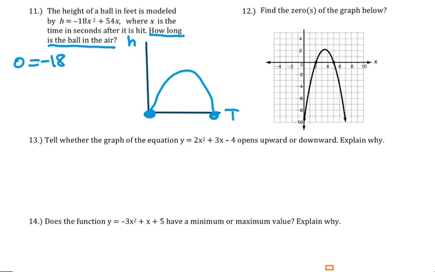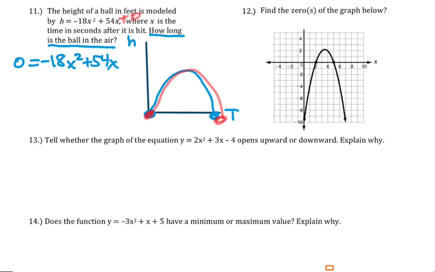Because if I had no c value, that means there'd be like plus 0 here, which means this ball is going to start on the ground, go up in the air, and land on the ground. And the question is, how long will that ball be in the air before it lands again? So when it hits the ground, that's when the height is 0, right?